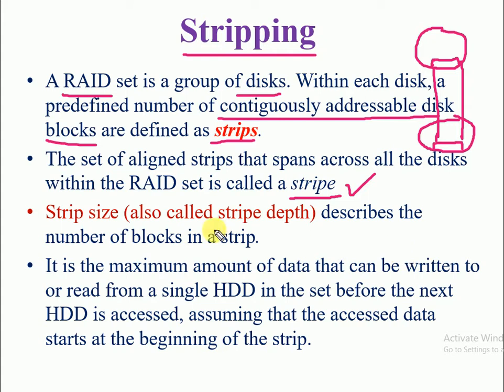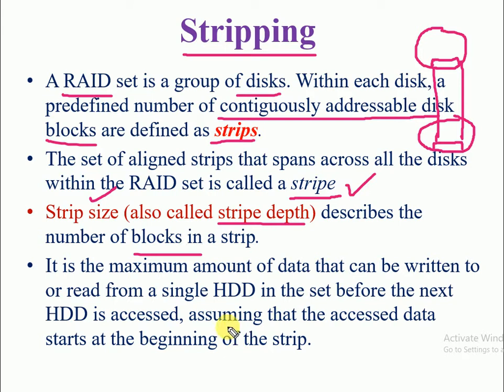And the strip size, which is also called the stripe depth. This is one strip, this is another strip, and similarly a number of strips will be available. Strip size describes the number of blocks present in a strip, which defines the total depth of a stripe formed by connecting different strips.